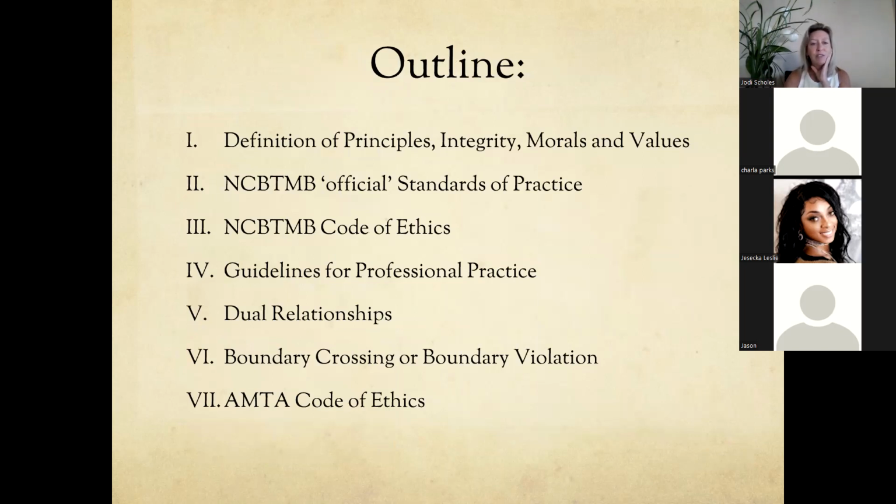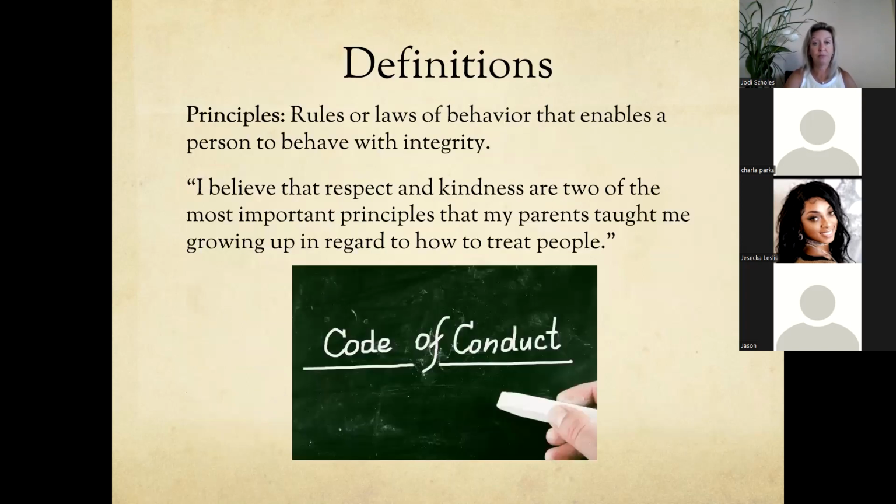So we're going to be talking about definitions. Here's our outline for this morning, for this afternoon, or if you're listening later this evening. We're going to revisit the NCB-TMB and talk about what's relevant about the NCB-TMB. We're going to talk about guidelines to that professional practices, terms like dual relationships, boundary crossings, and whatnot. All right, let's jump in.